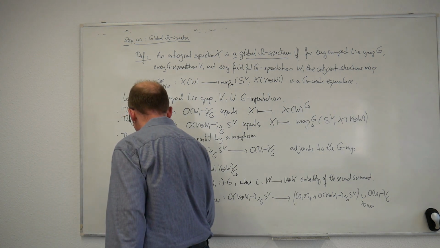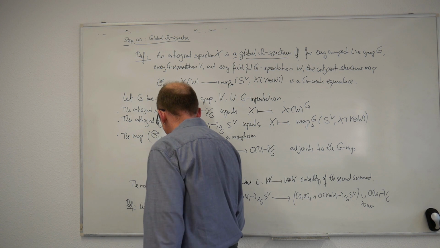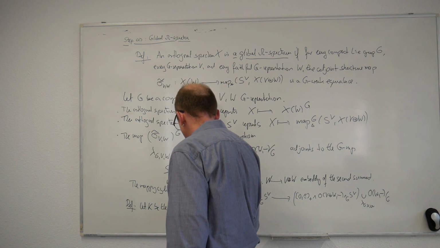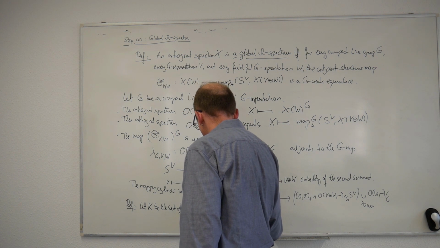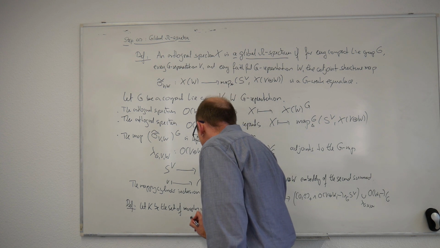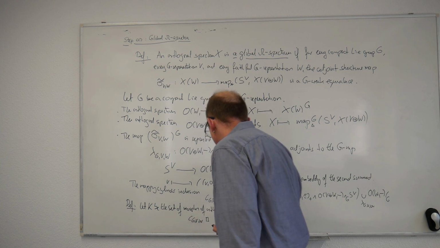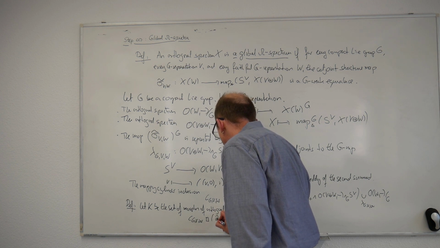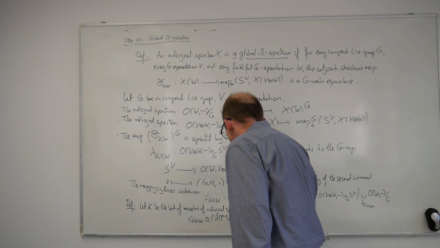Let K be the set of morphisms of orthogonal spectra of the following form. I take C, G, V, W, and then box product with the inclusion of the boundary of a disk into the disk.